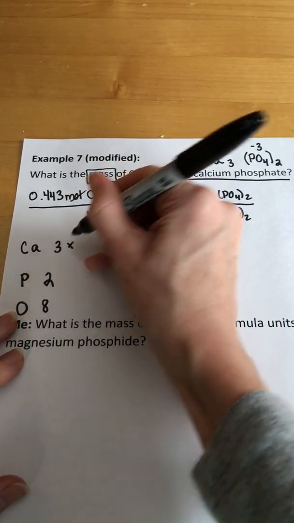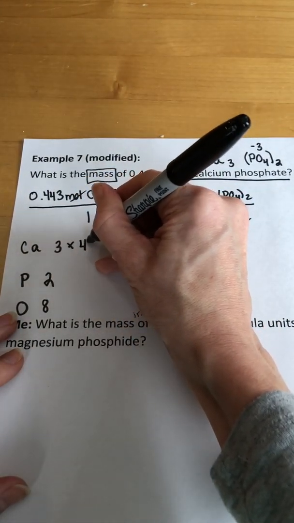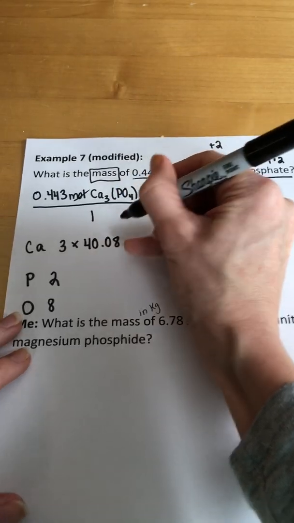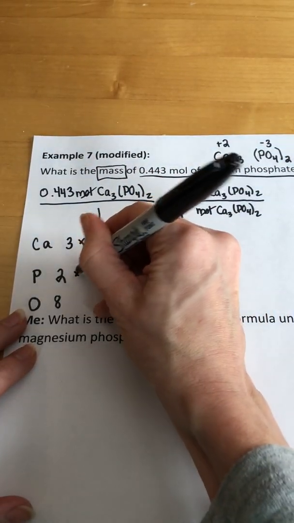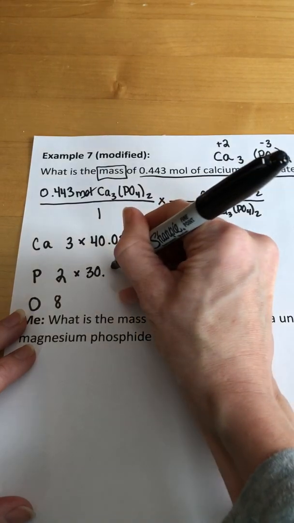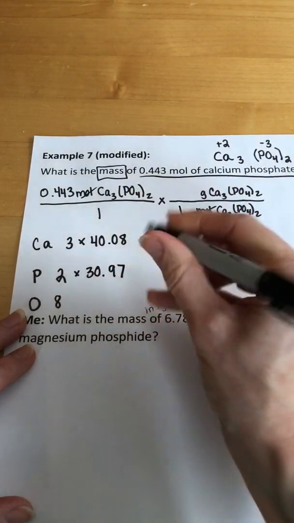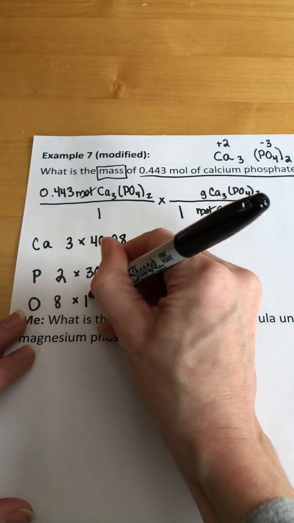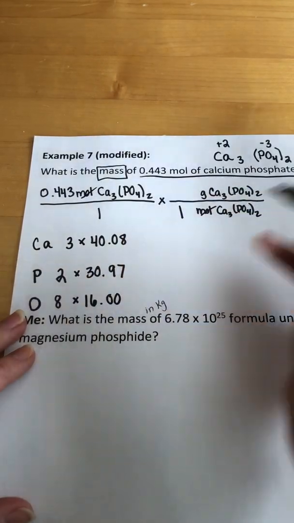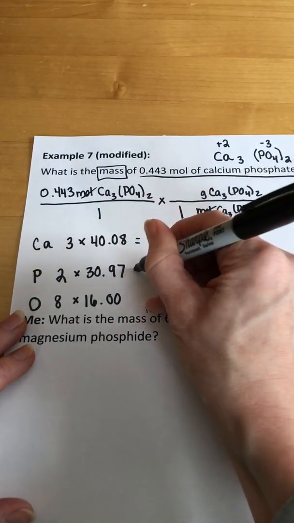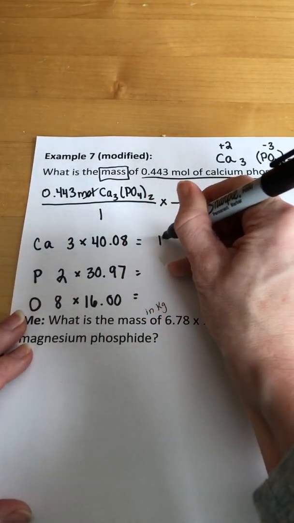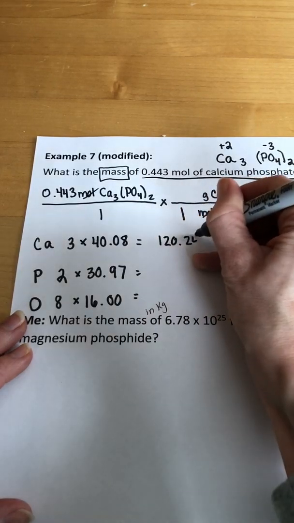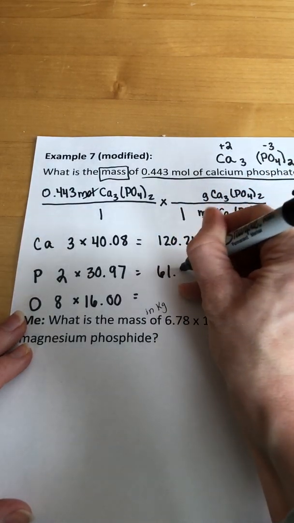Right, and then I can go ahead and multiply the number of atoms I have by the mass that I find on the periodic table. Again, at this point, it's just like the examples in your textbook. They did lots of them. So you can find the little answers between each of these. And then you get this.